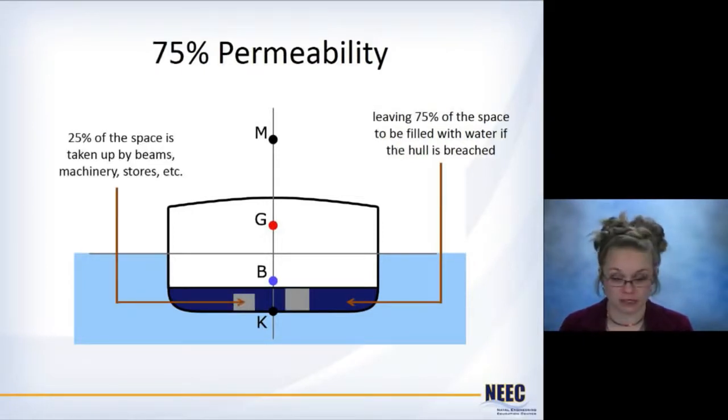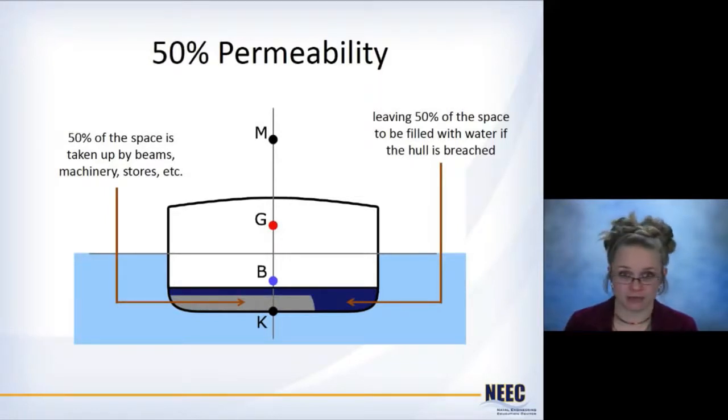If you had 75% permeability, that means that 25% of that space is being taken up with machinery and stores and beams and doorways, things like that, leaving 75% of it open and able to be flooded. Similarly, 50% means half of it is taken up with ship stuff and half of it is open air.